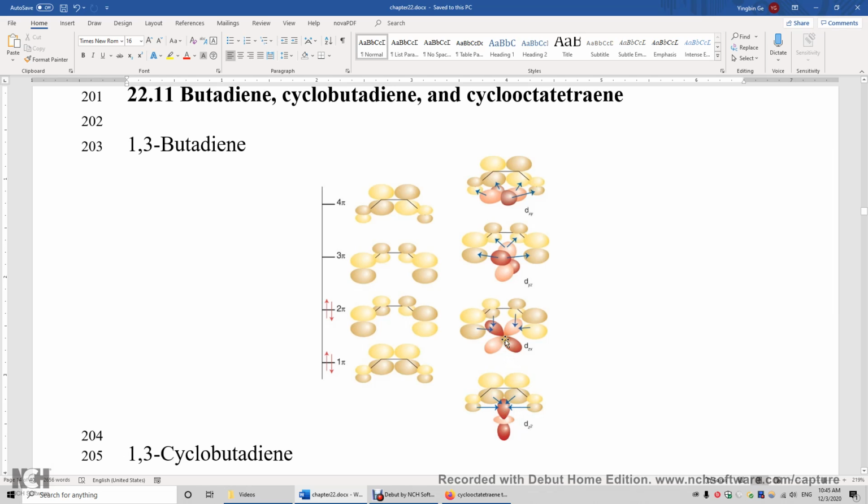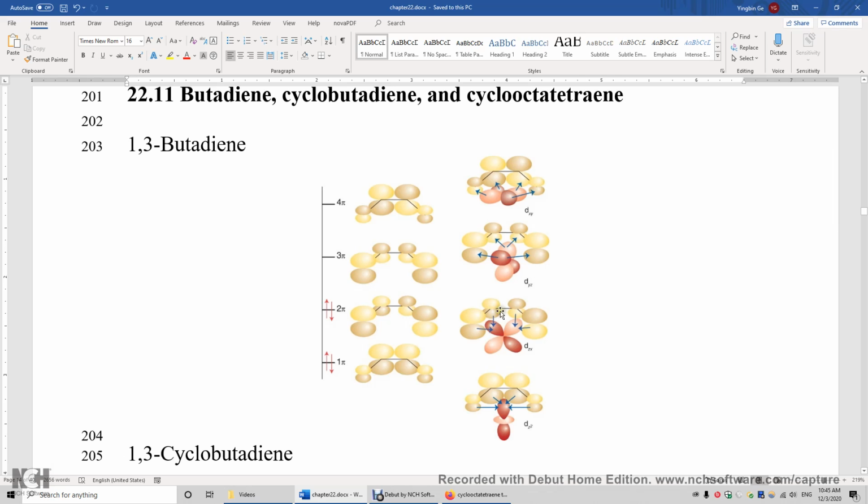And same here. Although there's 1 nodal plane in the middle right here, that means these 2 and these 2 are out of phase. Okay, these bottom 2 and these 2 are out of phase, but still they can interact with a different d orbital, in this case the dzx orbital. Let's say this red is positive phase, and then these 2 bottom lobes are also positive.